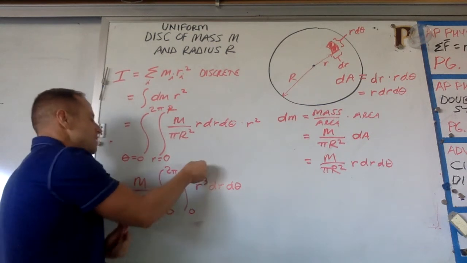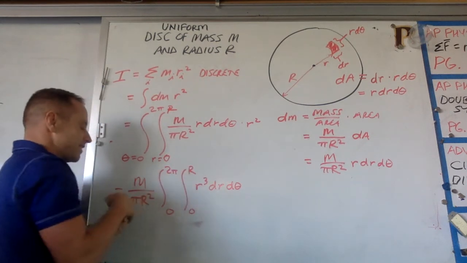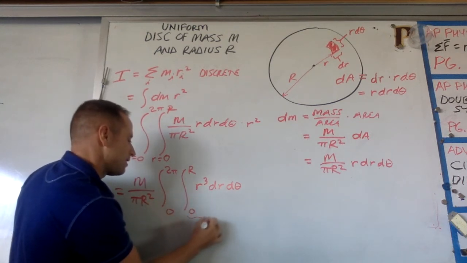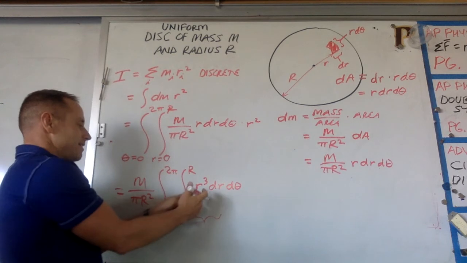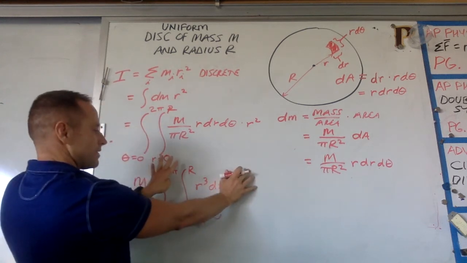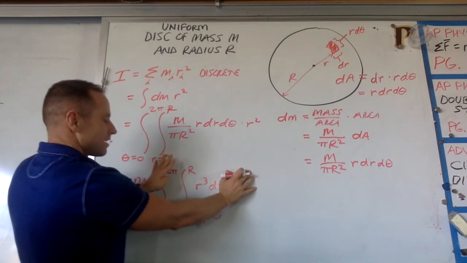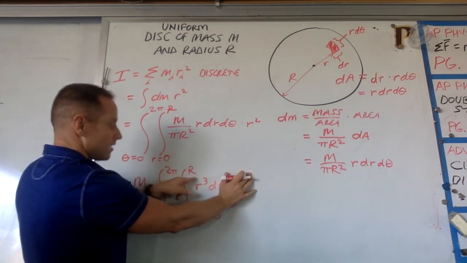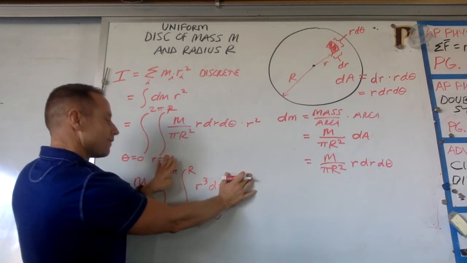Well, the limits don't depend on the coordinates in this case, but just for good habits, we'll work kind of inside out. So you have integral of r cubed dr, so don't worry about all this stuff for the moment. That's going to integrate to r to the 4th over 4. And then when you plug in, you're going to get big R to the 4th over 4.